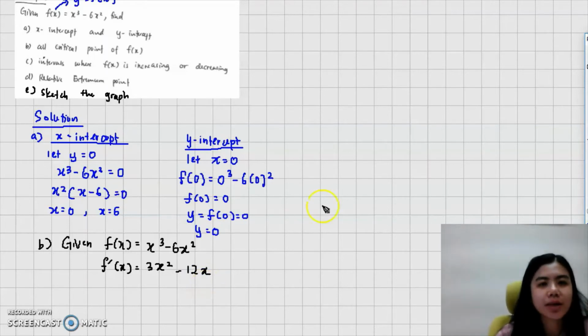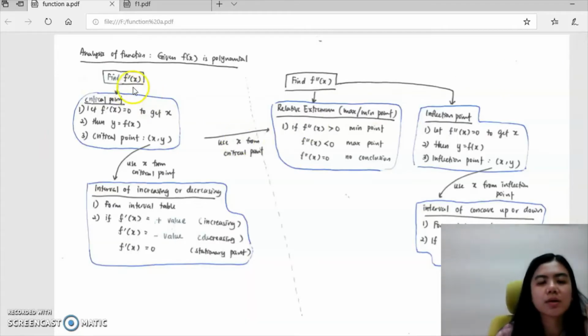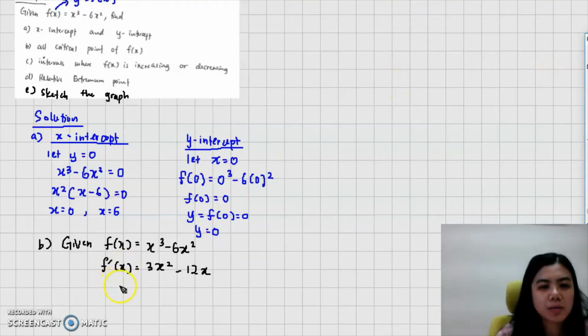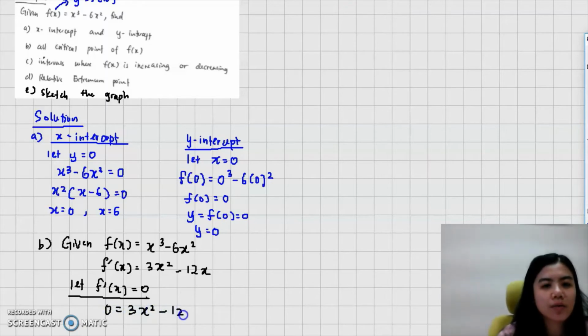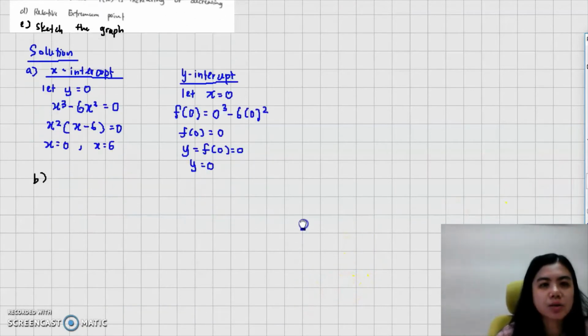According to the step that we have just now, we have found f prime. The next thing is to let f prime equal to 0. So we have 0 equal to 3x squared minus 12x.